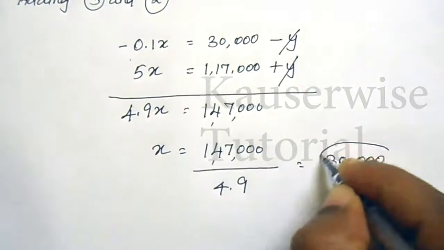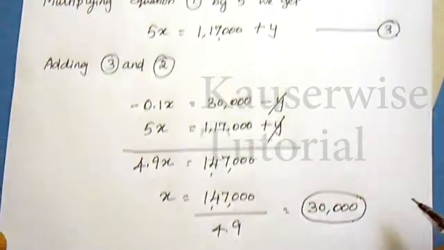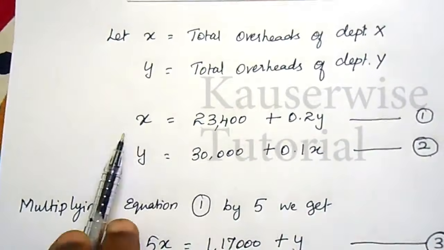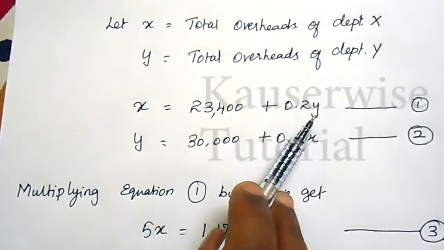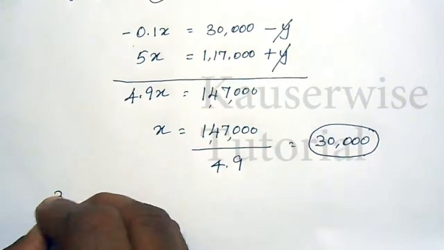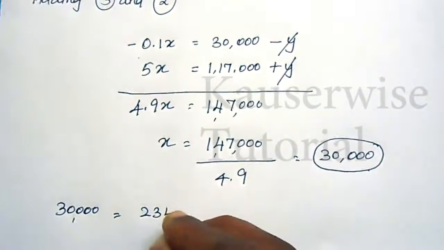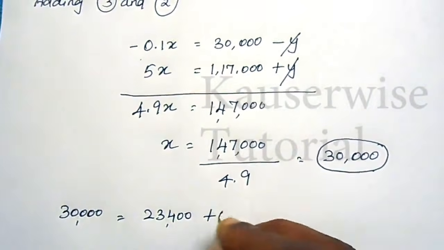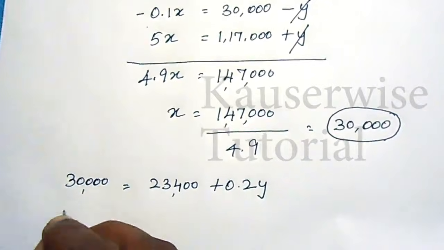After finding the x value, just substitute this value in equation number 1. Look at equation number 1. x is equal to 23,400 plus 0.2y. Just substitute the x value here. 30,000 is equal to 23,400 plus 0.2y. Now solve this equation.